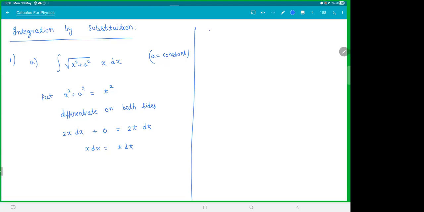Maybe I'll write down the whole thing again. Root over x square plus a square into x dx will transform into root over t square and integral t dt. This simply becomes t into dt, which is t squared dt. And this integration is nothing but t cubed by 3.